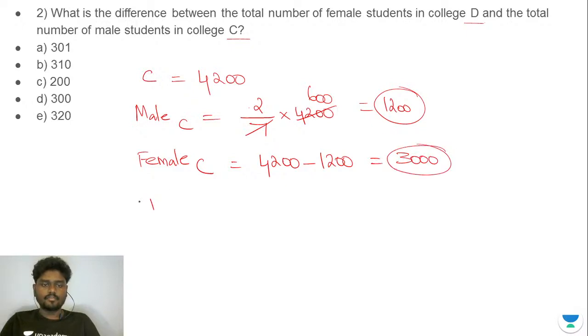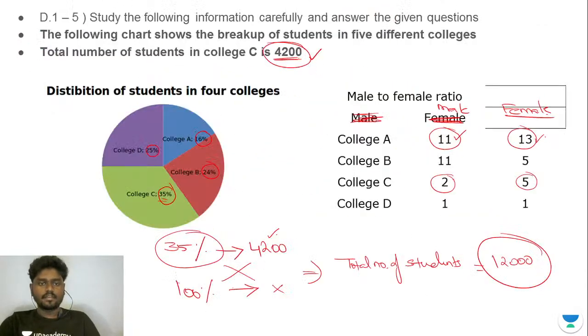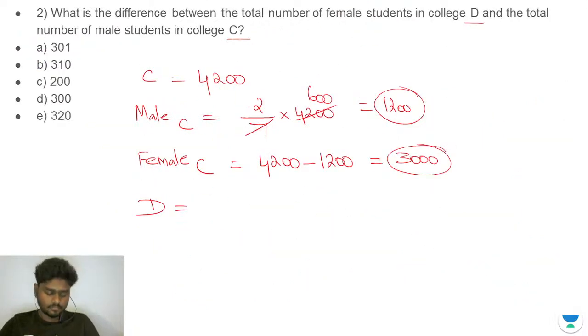In the same way, let's find the total number of students in college D. In college D, you have 25%, right? So try to find 25% out of 12,000. This is going to give you 3,000.